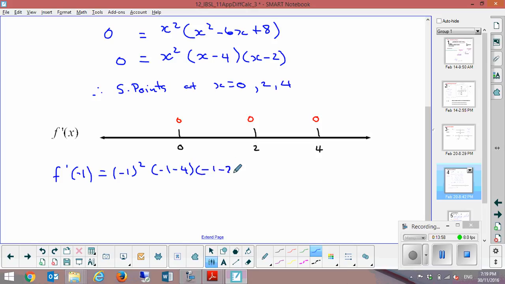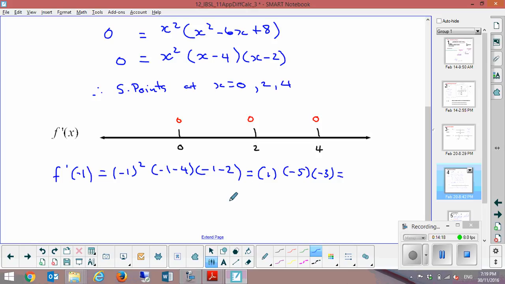-1, -2. So -1 squared. You don't need to sort of work them all out fully, but we can see that that squares to make 1. Then we've got times -5 times -3. The whole point is to find out, is it positive or negative? We don't need the number.